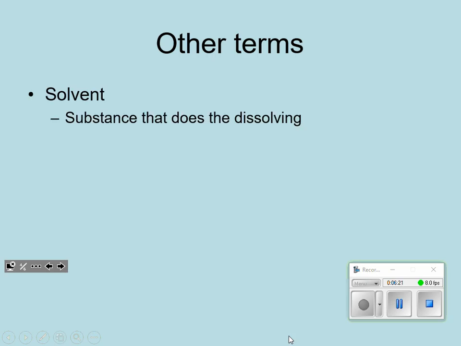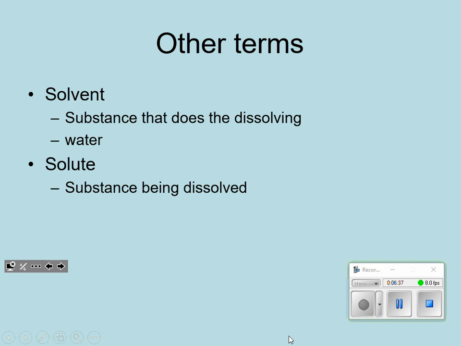So first off, solvent is one that you saw. Solvent is the thing that does the dissolving. Far and away, water is the most common solvent. But you could have nonpolar things that dissolve. We will show you that next class period. Solute is the thing being dissolved. Now again, I'm using my general way of explaining this.